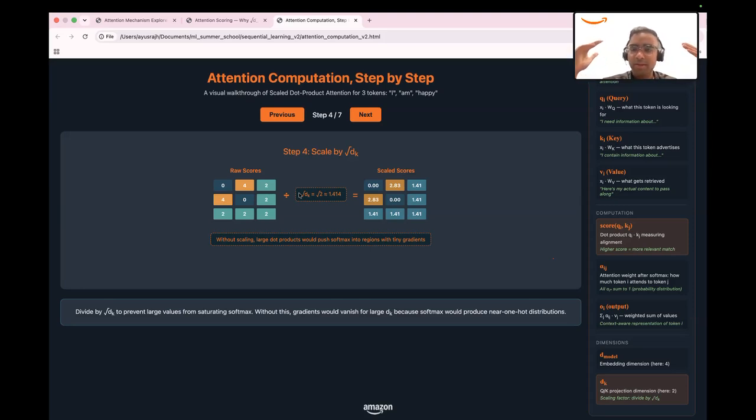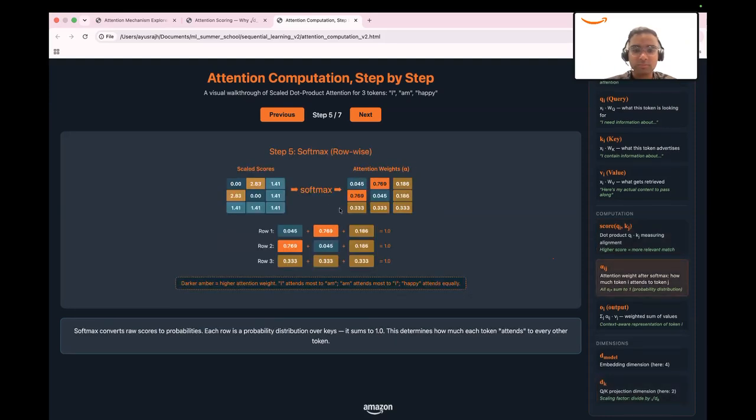We'll discuss why. We have the root d normalized scaled scores. We take a softmax to get the attention weights.